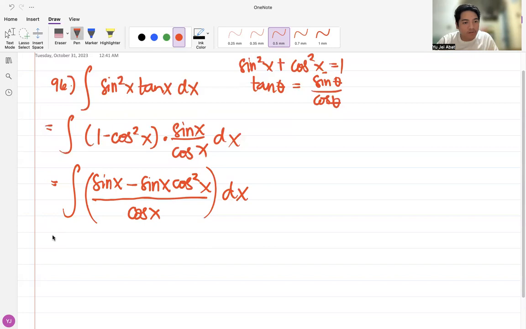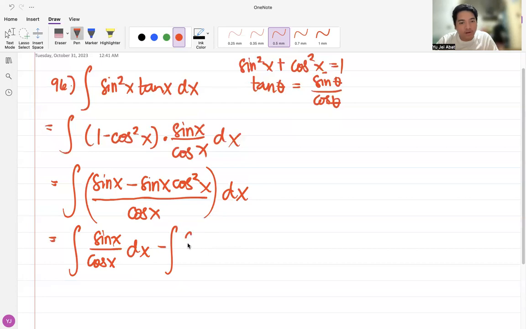So we can separate this because of the minus sign here. We have the integral of sine of x all over cosine of x dx minus the integral of sine of x cosine squared of x all over cosine of x dx.